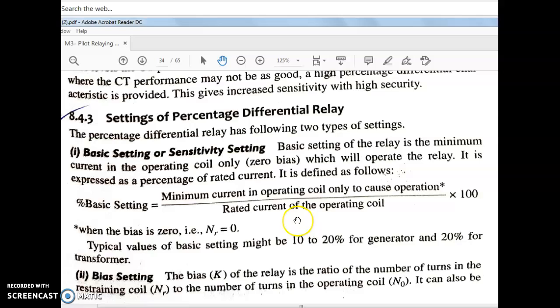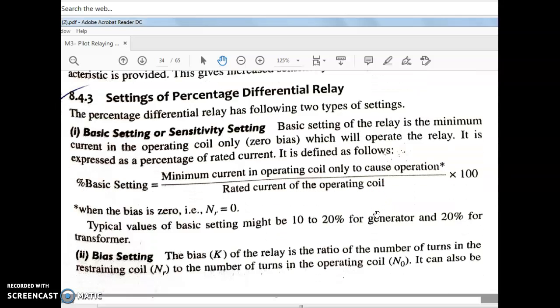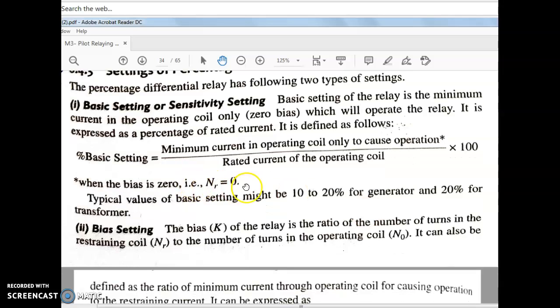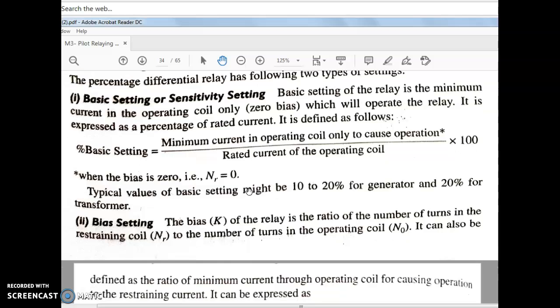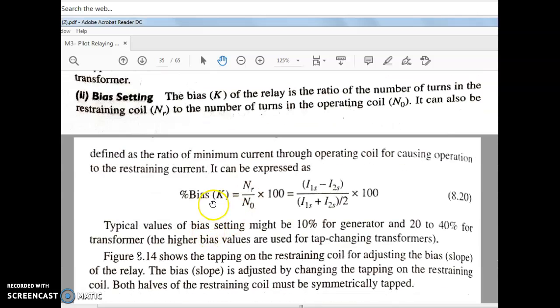Minimum current divided by the rated current of the operating coil. Usually when the bias is 0, the number of restraining turns is 0. Then the bias setting: bias setting is equal to K, the slope, that is NR by N0 into 100, where NR is the number of turns of the restraining coil, divided by N0.